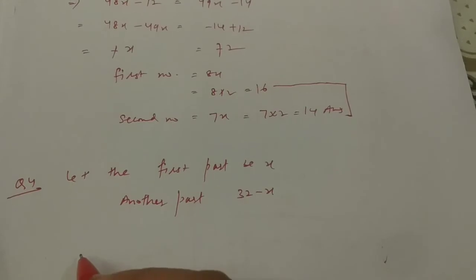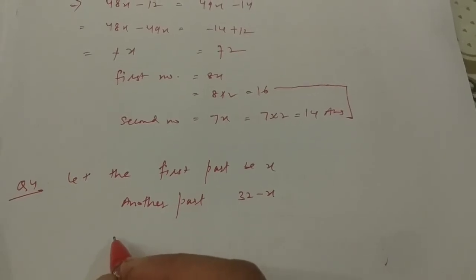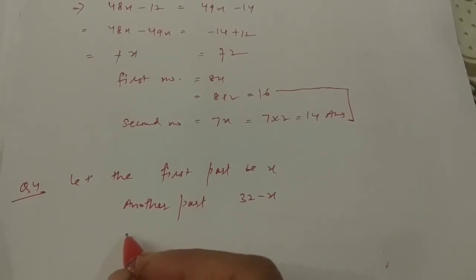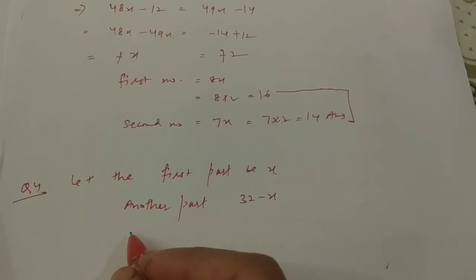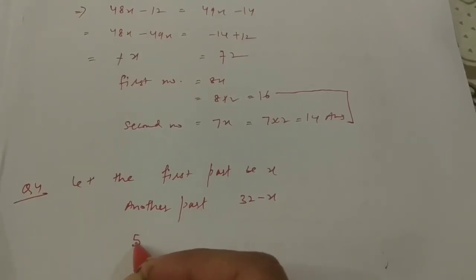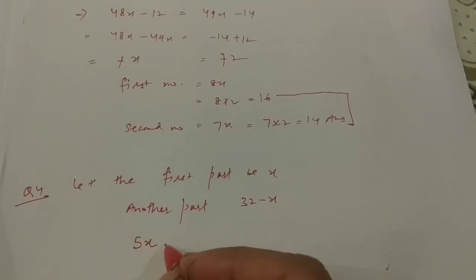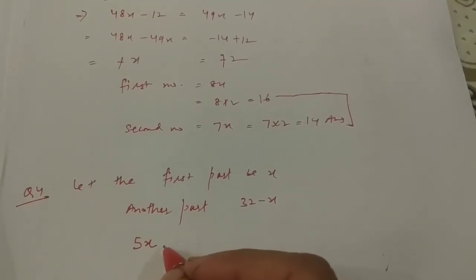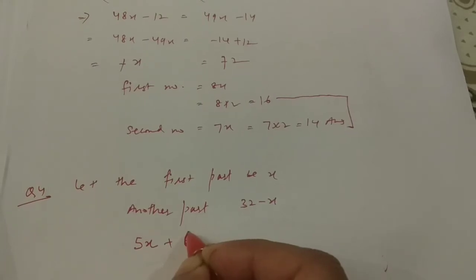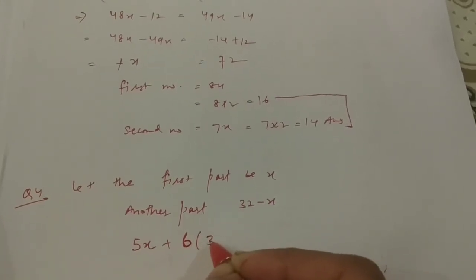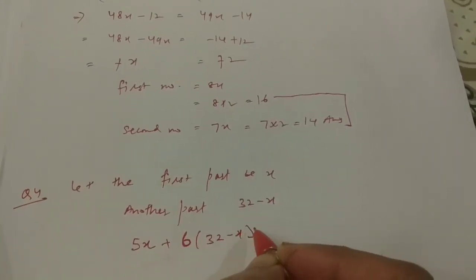So according to the question, what is given to us? Divide 32 into 2 parts such that 5 times one part added to 6 times the other part, what would be our result?